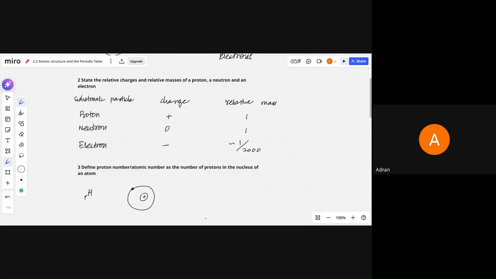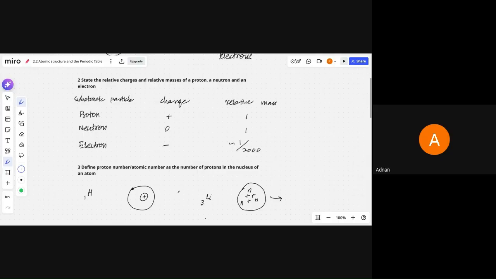This is how we represent an atom with a symbol. All right, so for lithium, which contains 3 protons and 3 neutrons in its nucleus, the atomic number will be 3, just because it contains 3 protons.